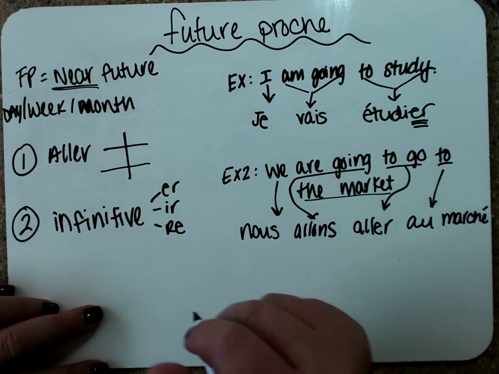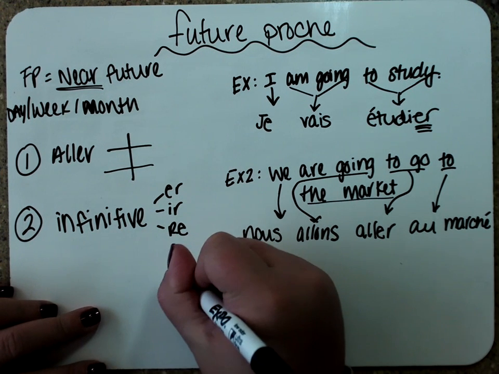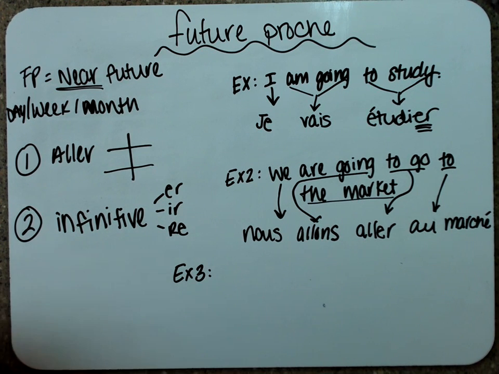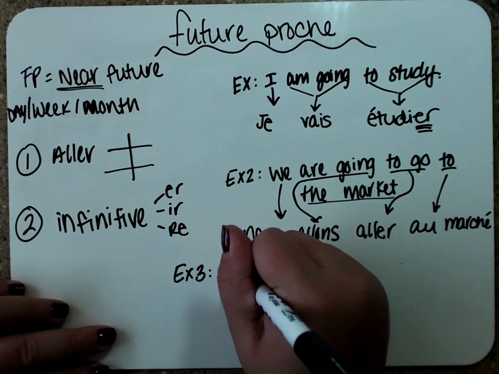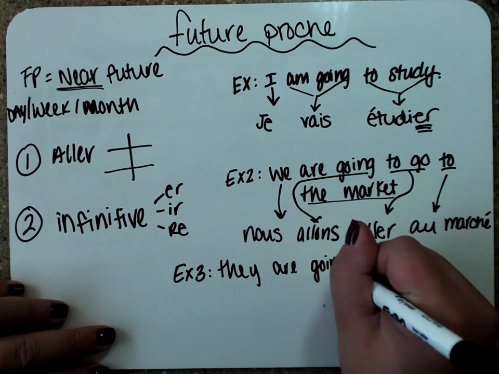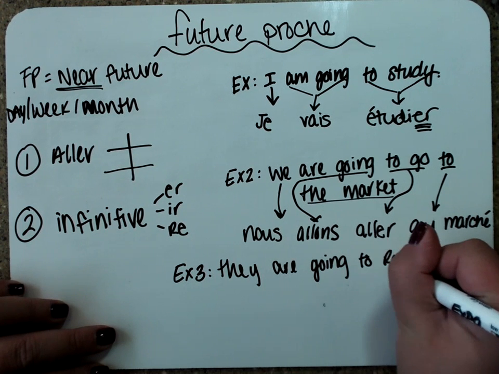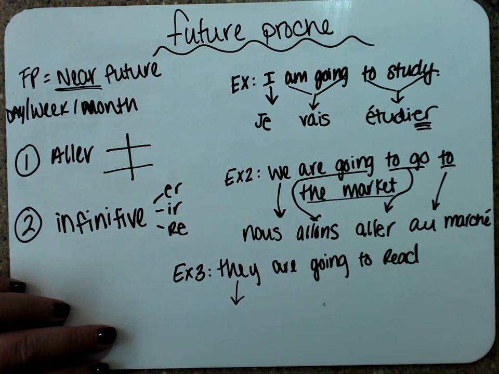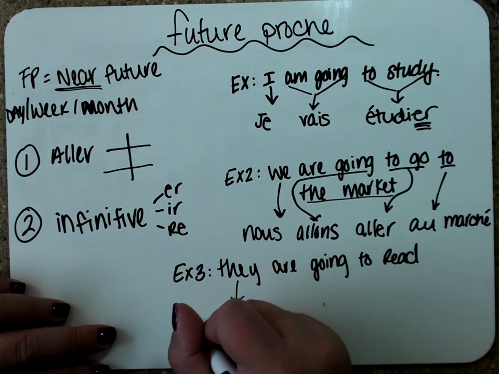All right, let's do one last example. We have, let's do they are going to read. So they are going to read. So we're going to take our subject and bring it down, and our subject is il or elle.